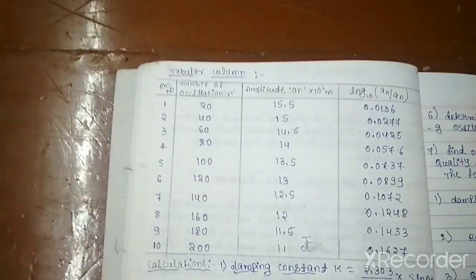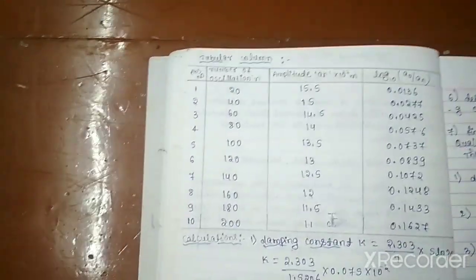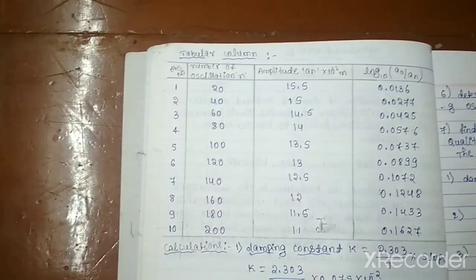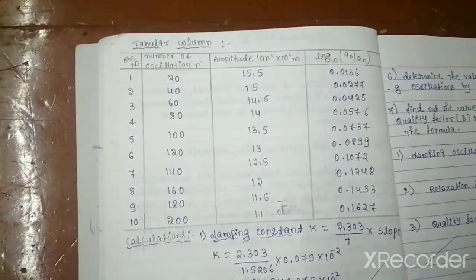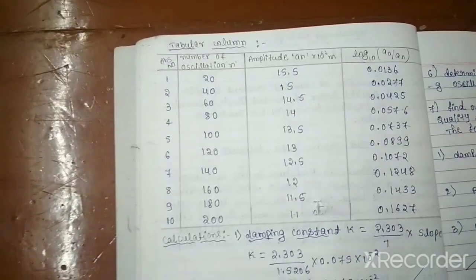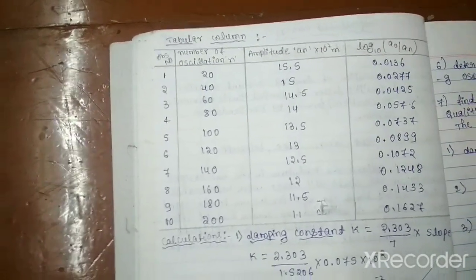See here, first you have to note down the initial reading, and after that count the oscillations: 1 2 3 4 5 like that. After 20 oscillations the amplitude is 15.5, whereas the initial amplitude is 16. So after 20 oscillations the amplitude decreases to 15.5 centimeter.